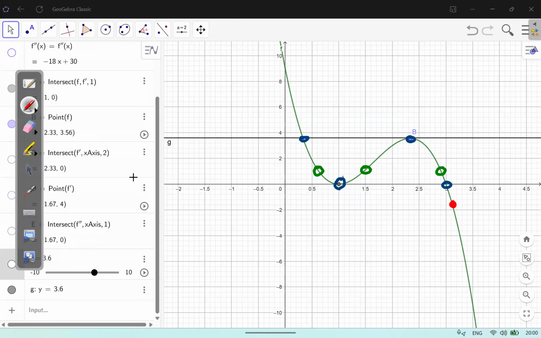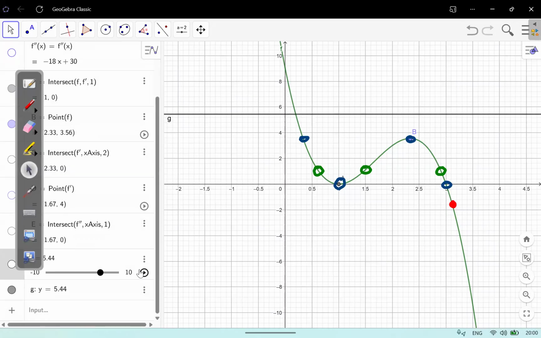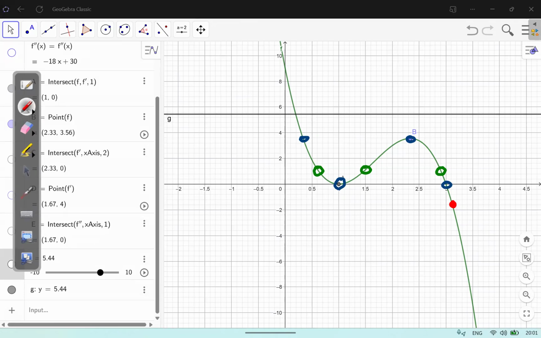And beyond the turning point B, obviously, it will touch it exactly once. So the red dots will represent 1 touch, the green will represent 3 touches, and the blue will represent 2 touches.